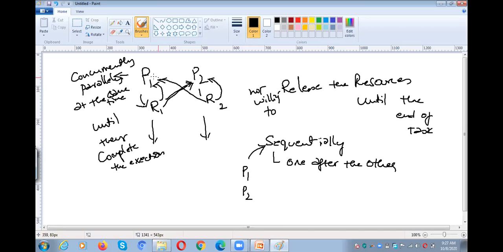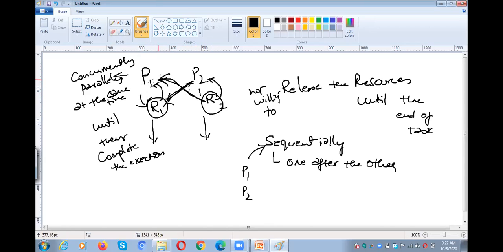Whenever they are trying to execute the task, the processes might require some of the system resources. Might be P1 requires R1 and P2 requires R2. While executing the task, P2 requires R1 and P1 requires R2.